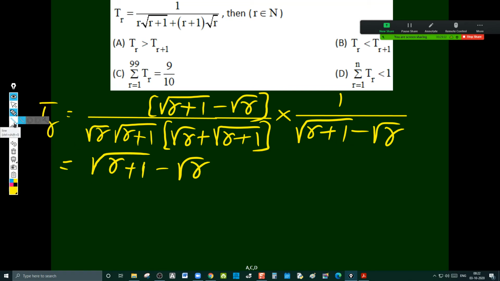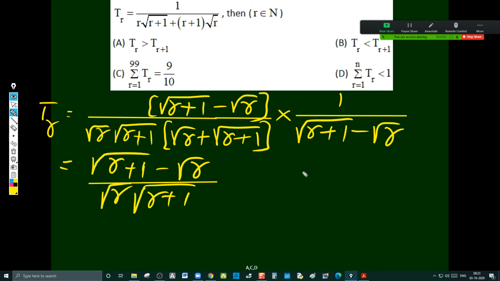You can forget about that because it is 1 only. The denominator is root r into root (r+1). Okay? Now you can check it out.